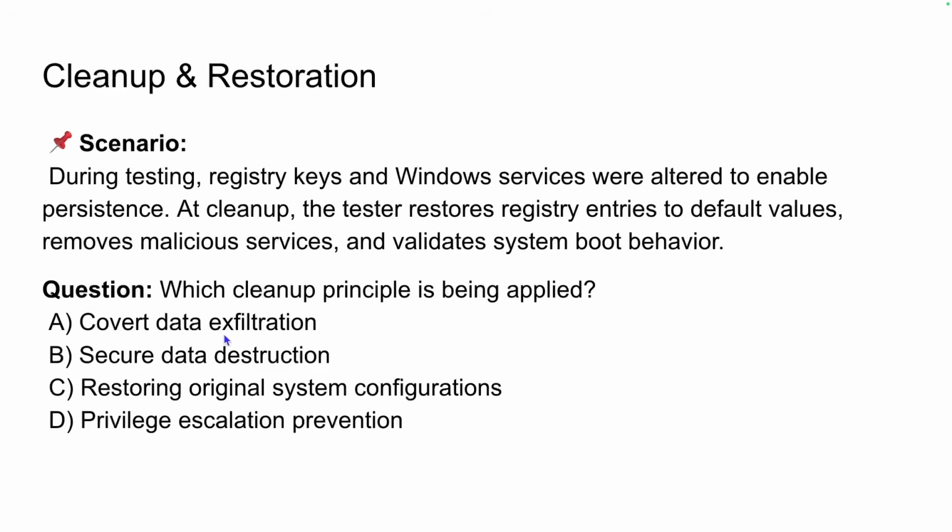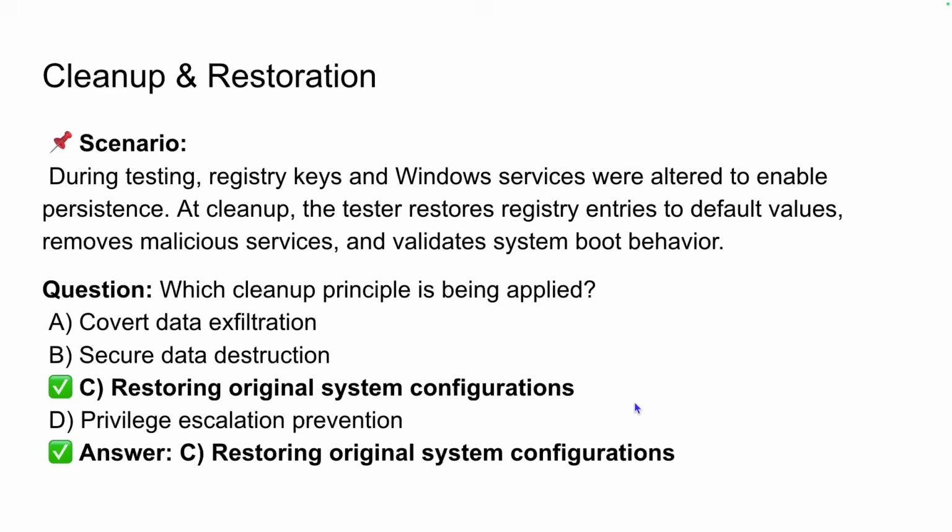This is a part of post-exploitation. This has nothing to do with cleanup here. Secure data destruction is a good part of restoration. However, they are not doing that. They're restoring registry entries and removing services and validating boot behavior. So they're more actually restoring original system configurations than anything. So thankfully it wasn't B that was the answer, but it's C, I guess.